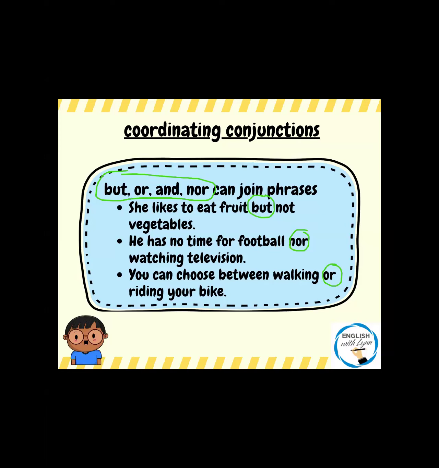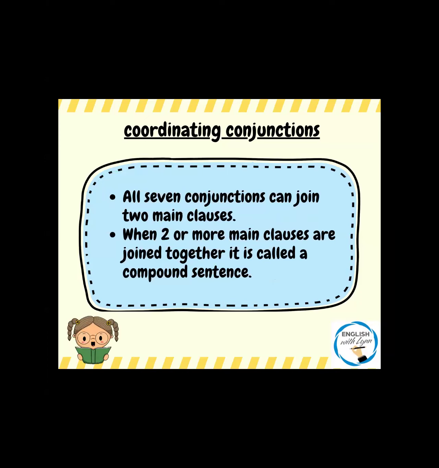Now, the way that we are going to be using the coordinating conjunctions today is for this. All 7 of them can join 2 main clauses together. And when we have 2 main clauses or 3 main clauses joined together, it is called a compound sentence.